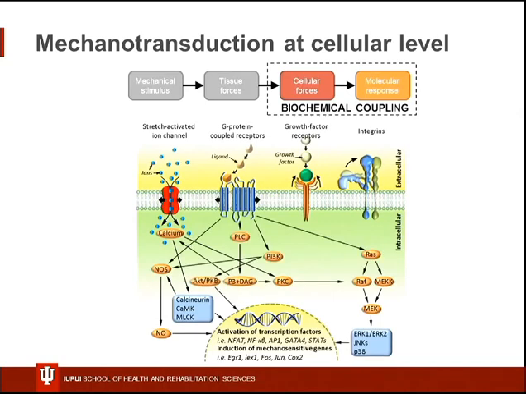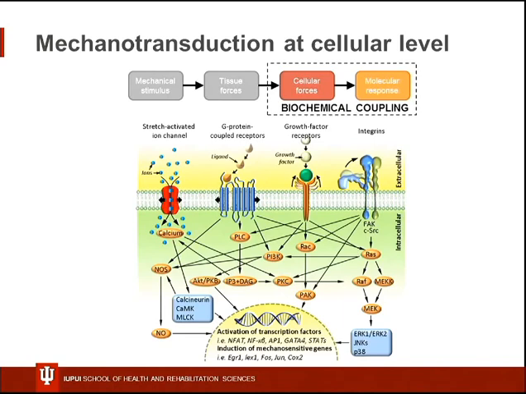You've got G-coupled protein receptors. So you get coupling of the ligand with the receptor, and it results in a cascade of molecular changes within the cell that then goes to the nucleus to influence protein synthesis, or produce mRNA that then goes to protein synthesis, growth factors and integrins as well.